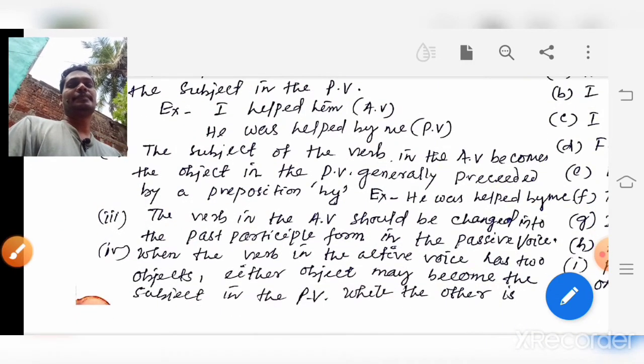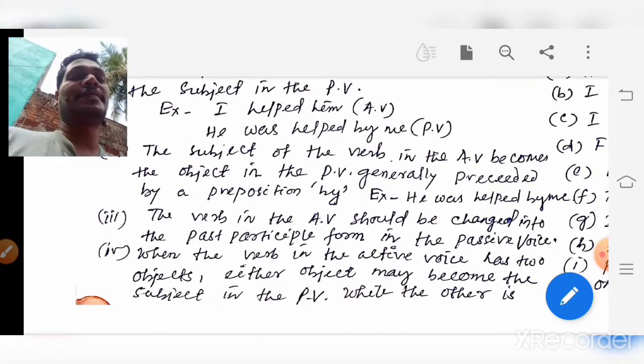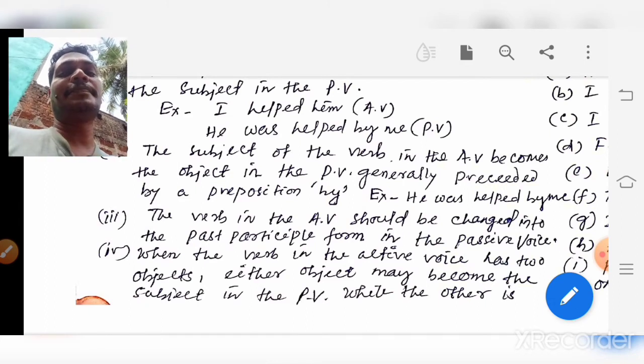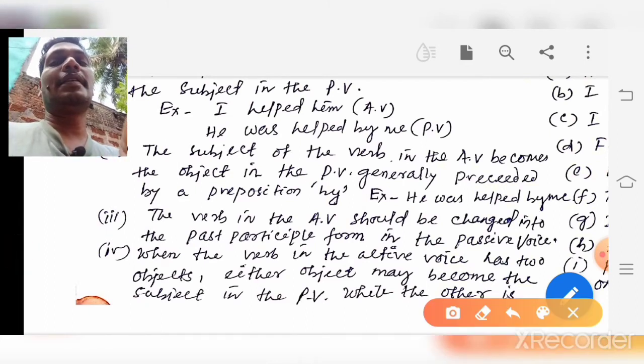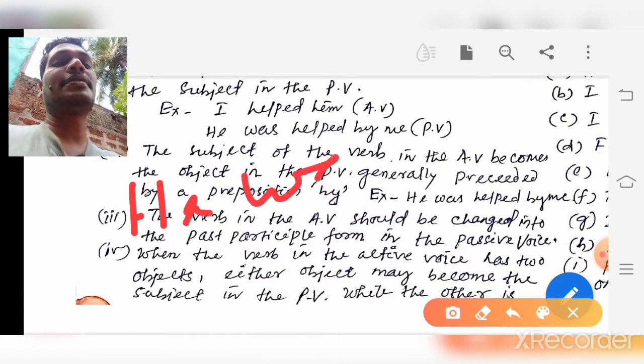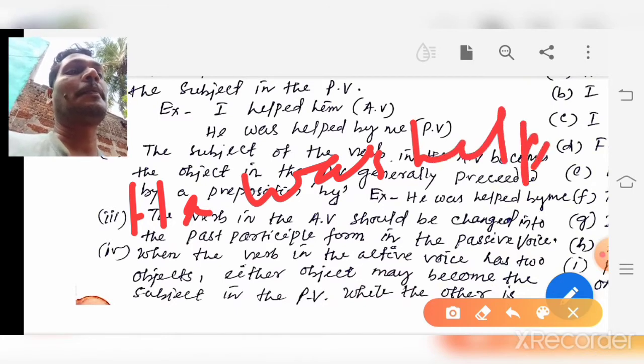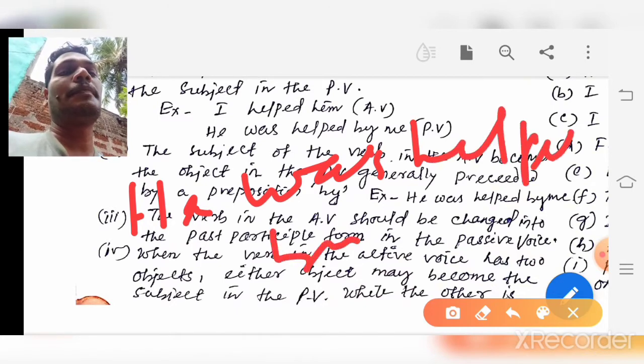Then the verb in the active voice should be changed into the past participle form in the passive voice. We will see, he was helped by me.